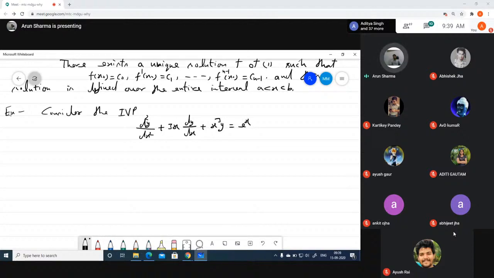Why am I calling it an initial value problem? Because I know the initial value of y. So y(1) equals 2 and y dash (1) equals minus 5.